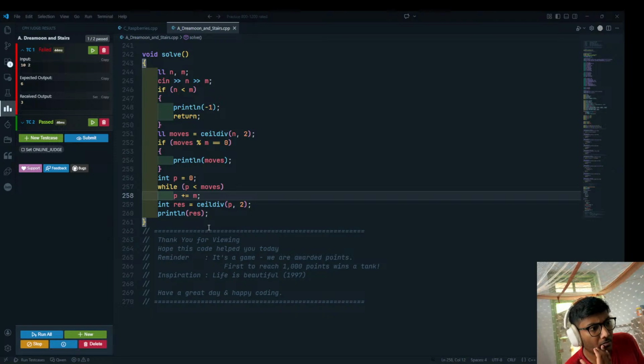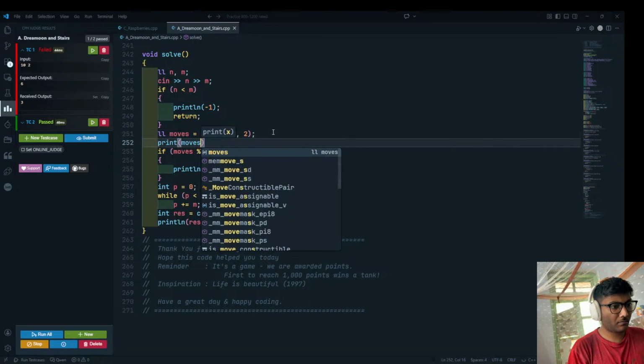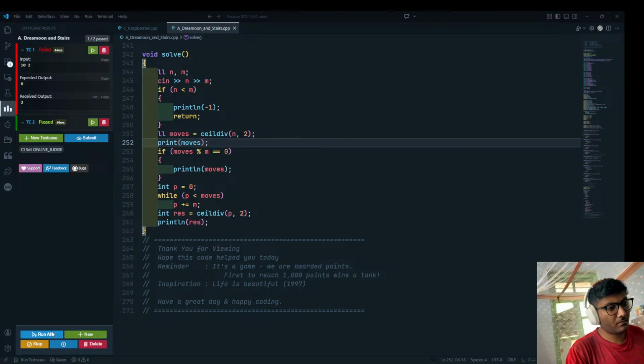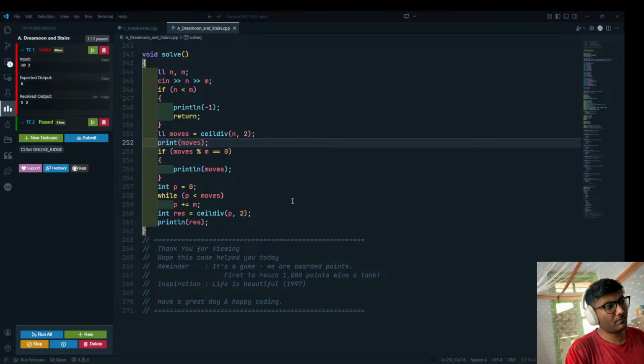Moves is 5. Moves is 5. And moves modulo 2 is not equal to 0.